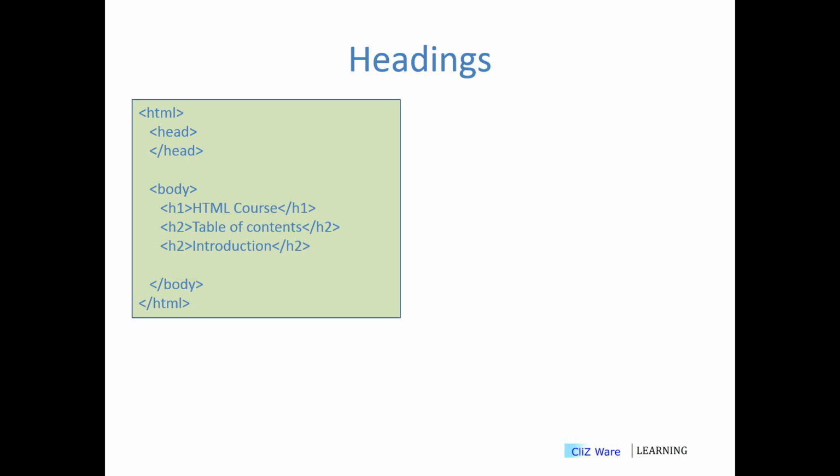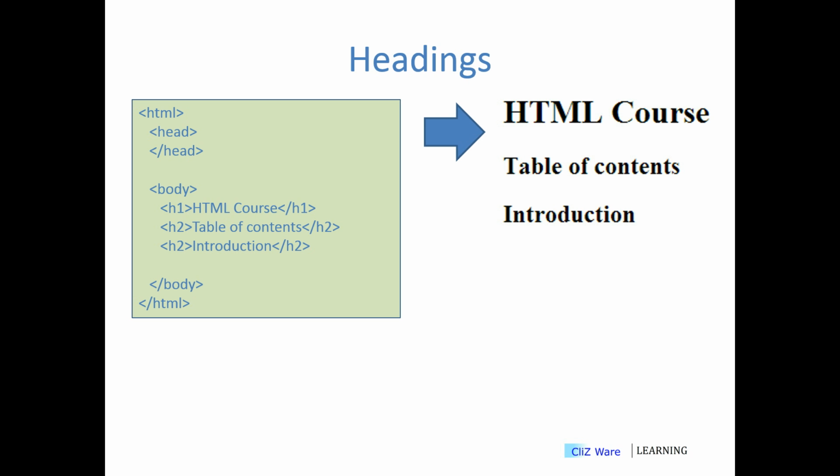Here you see that now we've started to use more advanced things like H1, and this basically is going to generate a page which looks similar to this. So H1, that's the first, the top heading, and then we have H2 for table of contents and introduction. They are on the same level, H2, H2. They are both H2.